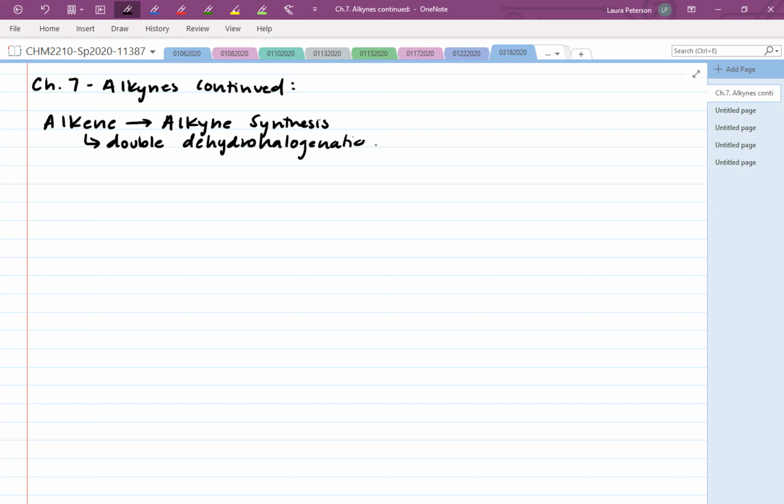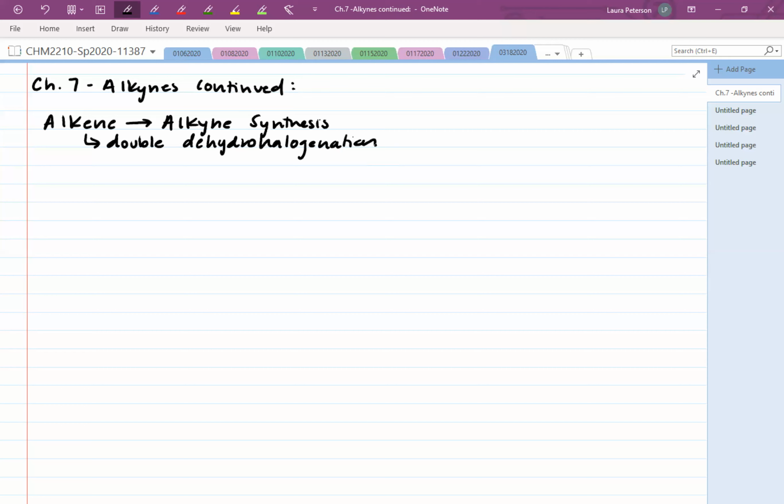As that name implies, to dehydrohalogenate means I'm going to remove a hydrogen and a halogen, and I'm going to do that 2 times. So let me show you the overall alkene to alkyne synthesis procedure, and then we'll talk about double dehydrohalogenation in a little bit more detail.